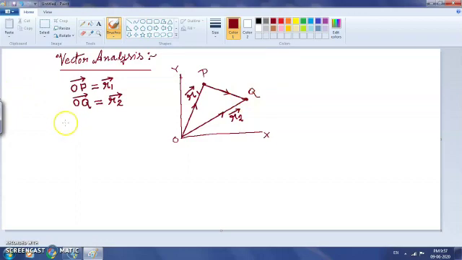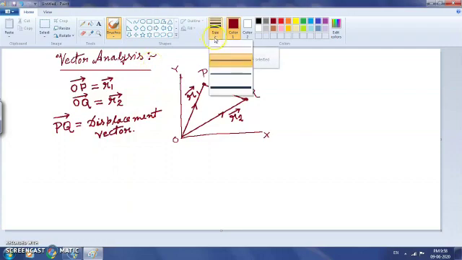PQ is the displacement vector, and the direction is from P towards Q. Then how can we measure this displacement vector?